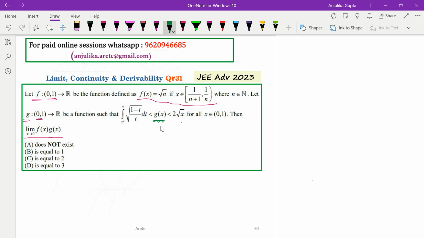So we try recalling our sandwich theorem. What does the sandwich theorem say, do you know that?